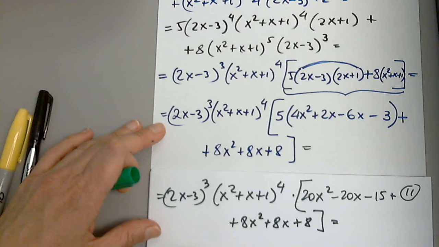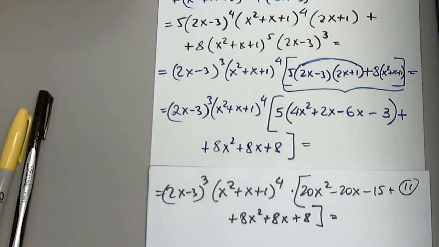Are we in agreement with this so far? So here's what we did. So 5 times 4x squared is 20x squared. But 2x minus 6x, I combine them into negative 4x. And negative 4x times 5 would be negative 20x. I just didn't want to write it one more time. And then 5 times negative 3 is negative 15.